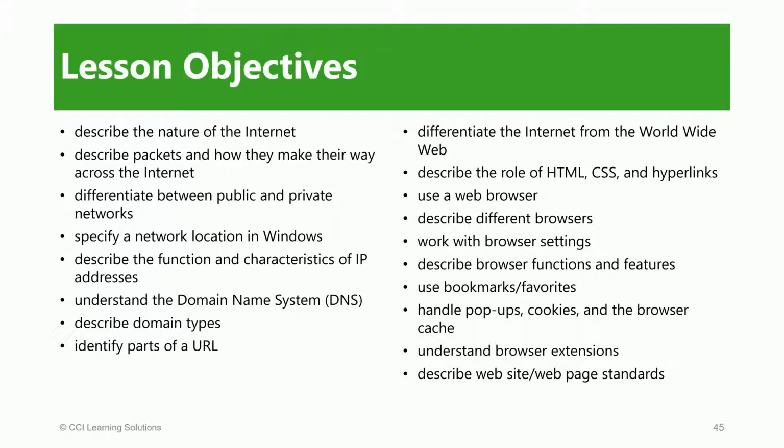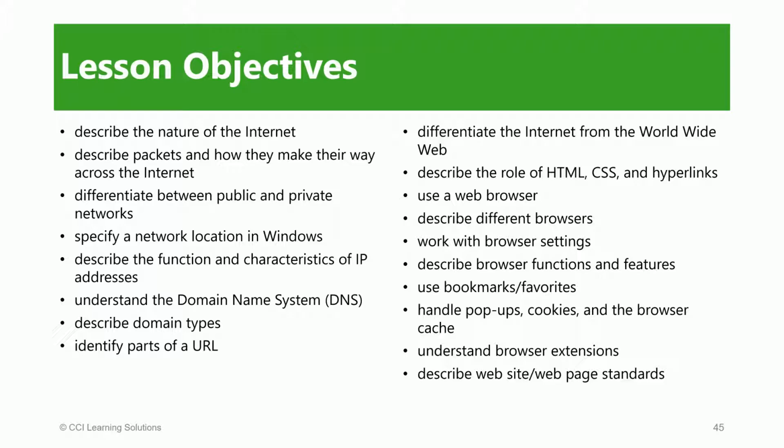So, to go over the chapter objectives, we describe the nature of the internet, describe packets and how they make their way across the internet, differentiate between public and private networks, specify a network location in Windows, describe the function and characteristics of IP addresses, understand the domain name system, describe domain types, identify parts of a URL, differentiate the internet from the World Wide Web, describe the role of HTML, CSS, and hyperlinks.